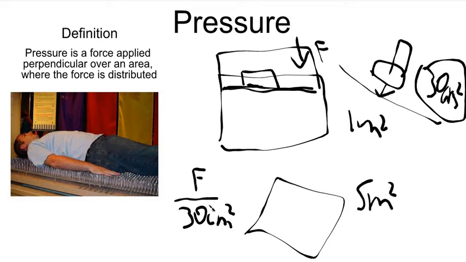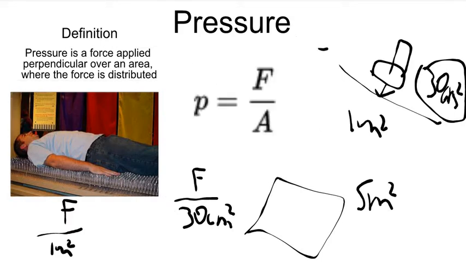Instead of putting so much force on that one point, you're putting it over 1 whole meter squared, which is much more than 30 centimeters squared. So as you can see here, the pressure formula is P, pressure, equal to force divided by area, just like we were doing.